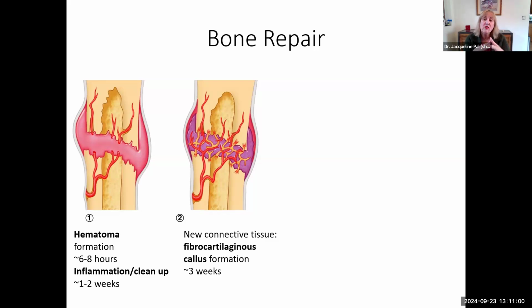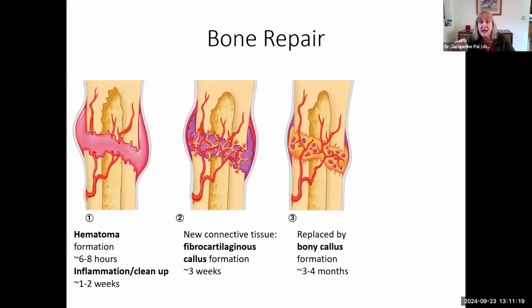But now we're going to use that piece of cartilage as a template to make bone. So take what you remember, because I had you practice it several times, about how to take cartilage and use it as a template to make bone. And that's going to be our third step, where we're going to take our fibrocartilaginous callus and replace it with a bony callus.